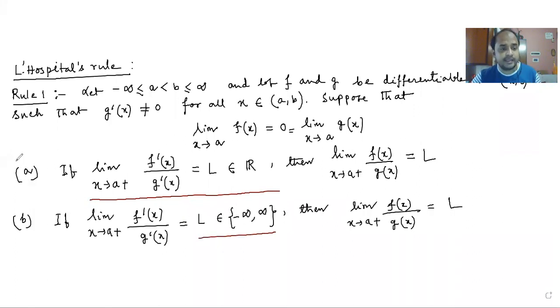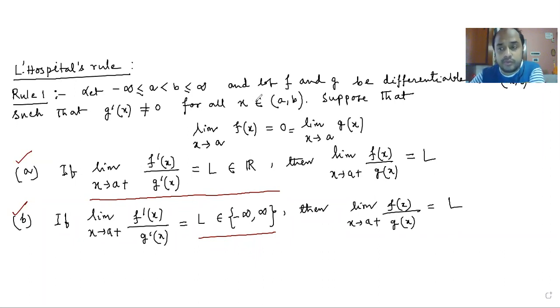Although in both the cases the results hold, the meaning of the two is different. If I write open interval minus infinity to plus infinity, that could have been the same as R, but here I have written the set containing two abstract quantities, one is minus infinity, another is plus infinity. So you have to be very careful about what I have written.